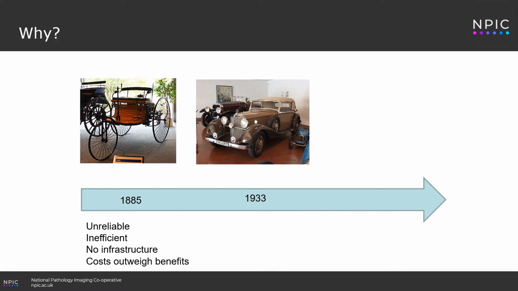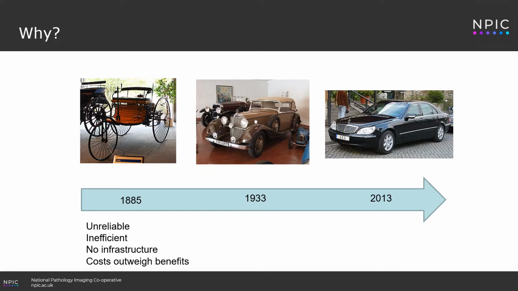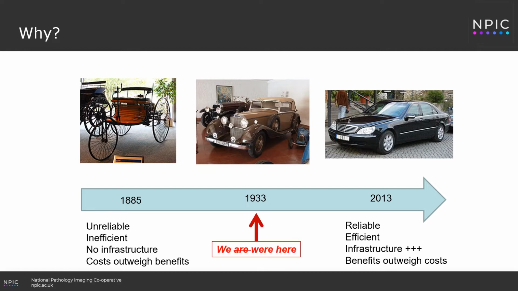And as they evolved, they became more and more useful, more and more practical, to the point where they became something that everybody used and had around the world. And 10 years ago, when I gave talks about digital pathology, I would comment that we were probably here around this early stage of the automobile industry, with a lot of work to do still before widespread adoption.